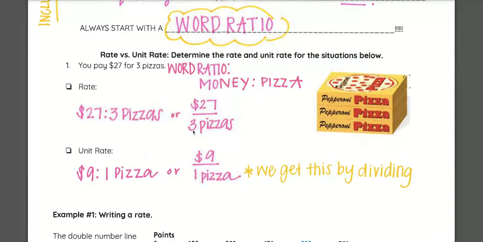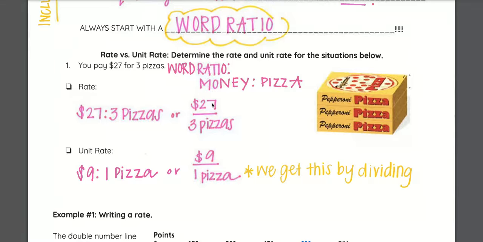Well, I divide by 3. 3 divided by 3 will get me 1 pizza. Now, I need to make sure that everything stays equivalent, so I also have to divide my numerator by 3. 27 divided by 3 gets me 9. Therefore, the unit rate, the rate for 1 pizza, is $9 to 1 pizza.